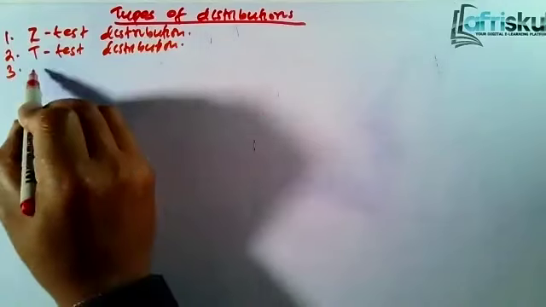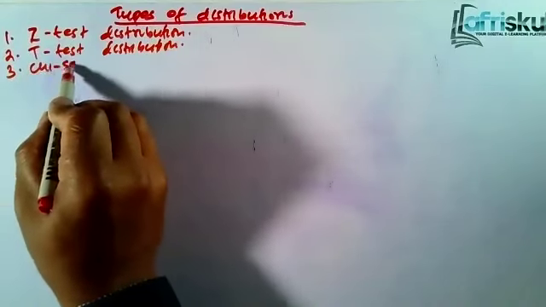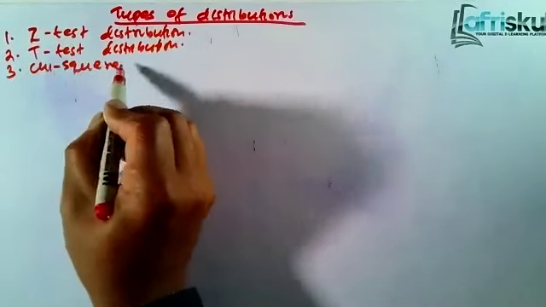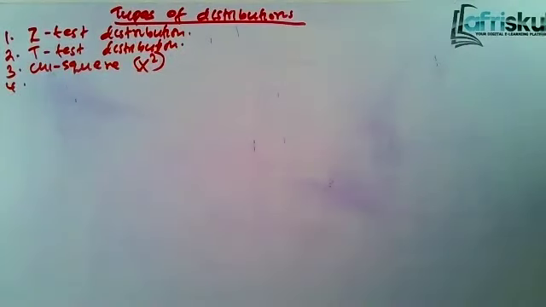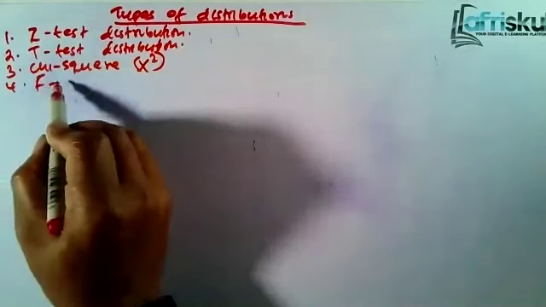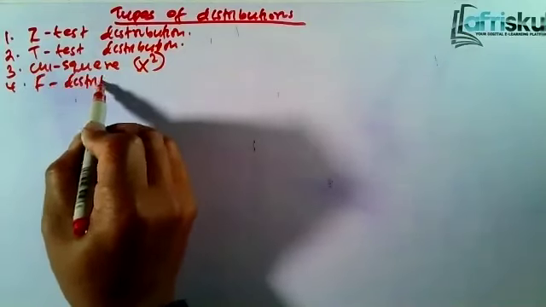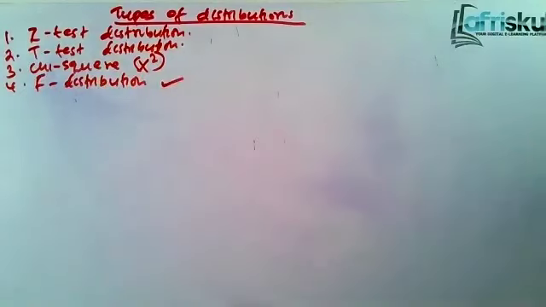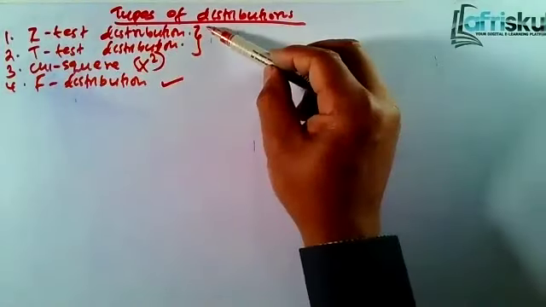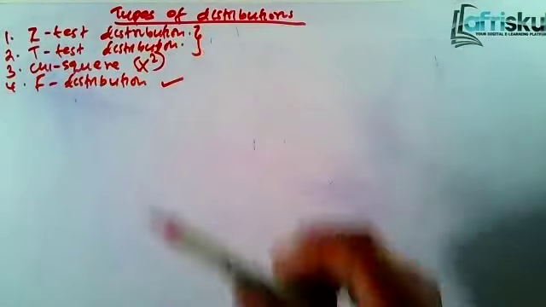Then number 3, we have the chi-square distribution. And then number 4, we also have the F distribution. For the F distribution, we'll be looking at it when we will be doing the ANOVA analysis. So the major ones which we'll be looking at in hypothesis testing are the first two, the Z-test and the T-test.